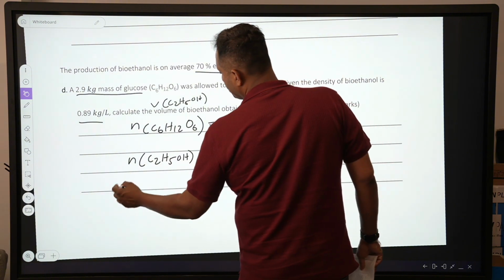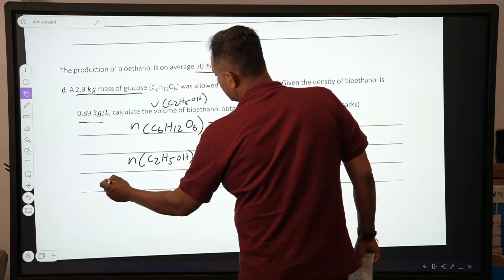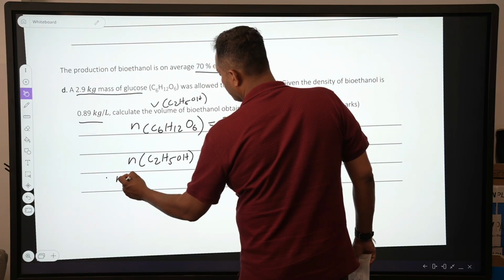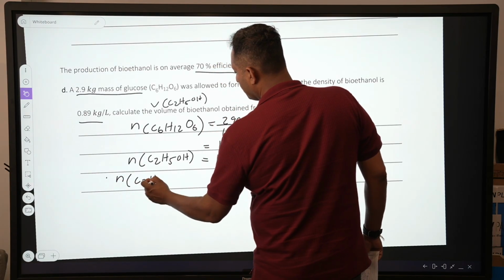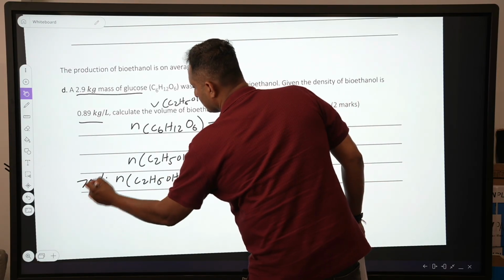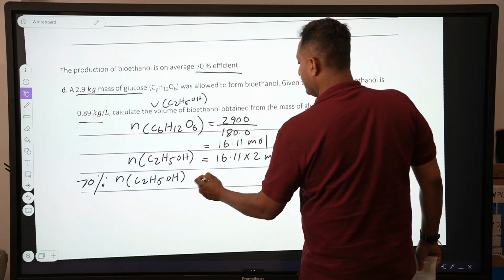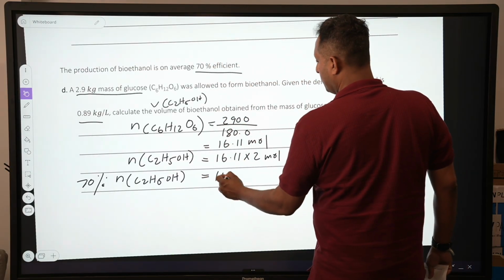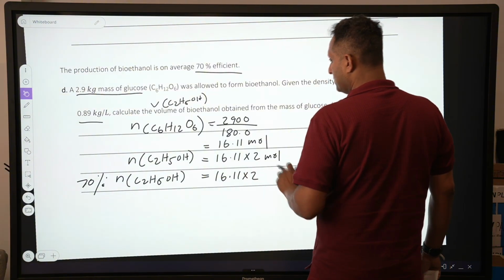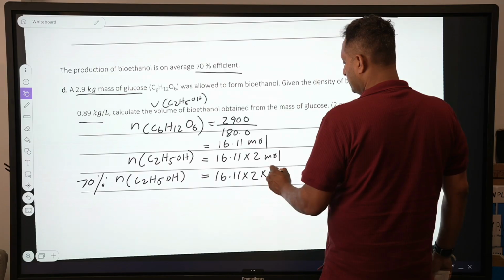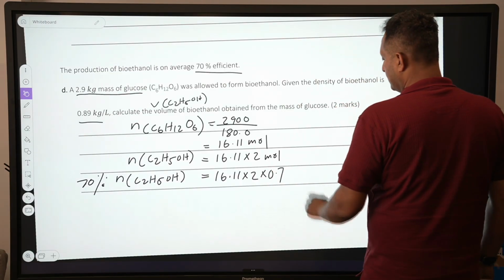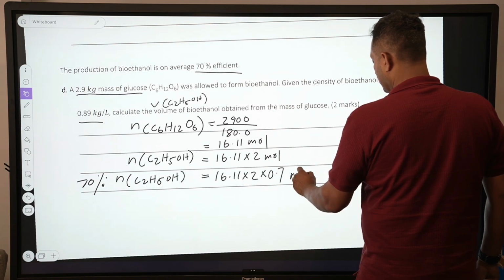So the number of moles of ethanol with 70% efficiency is going to be equal to 16.11 times 2 times 0.7, because 70% means 0.7. That's the number of moles of ethanol you are going to produce.